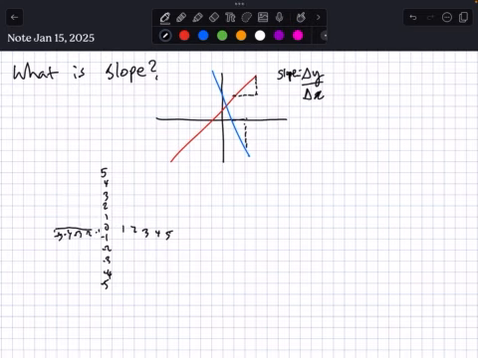Let's also make this graph a bit straighter. So we have our graph, and let's say we have this line. I'm going to draw it like this.